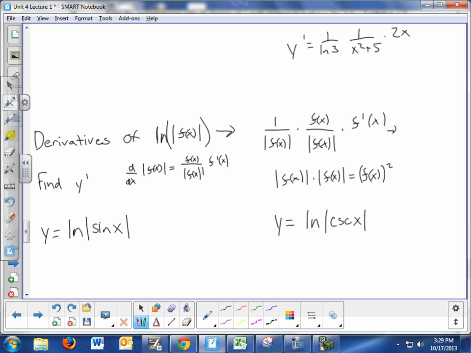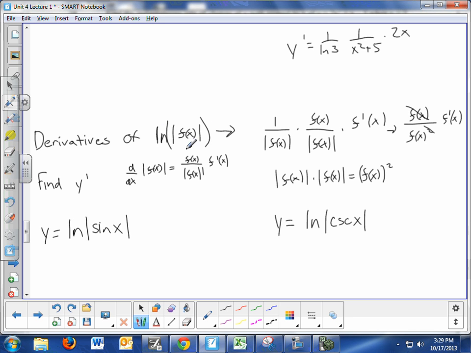So I can rewrite this as f of x over f of x squared times f prime of x. And what happens now? Yes, this f of x cancels with one of these f of x's.